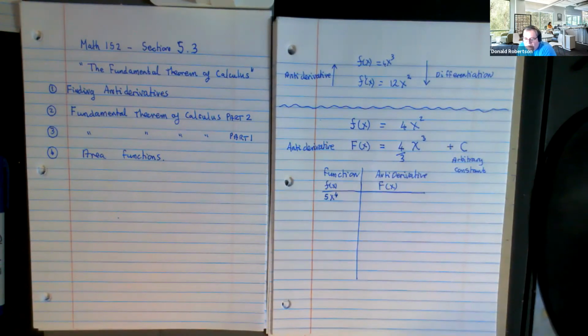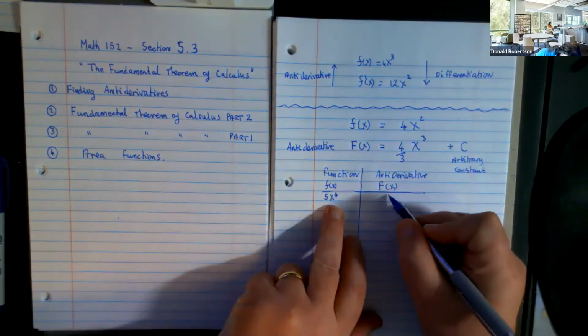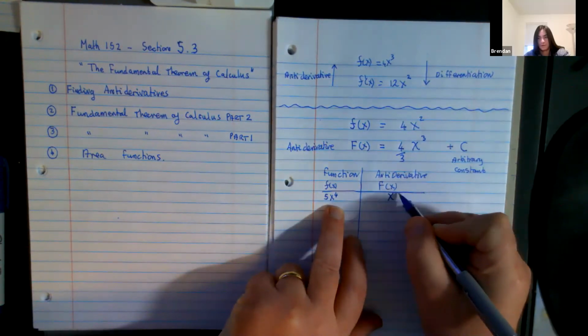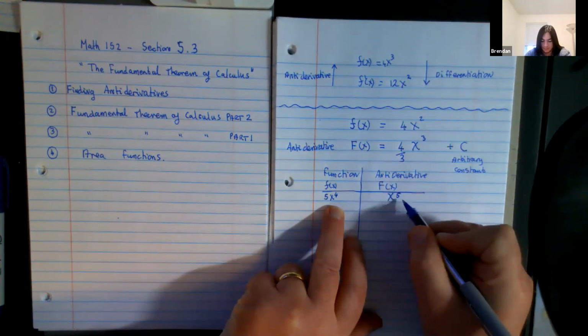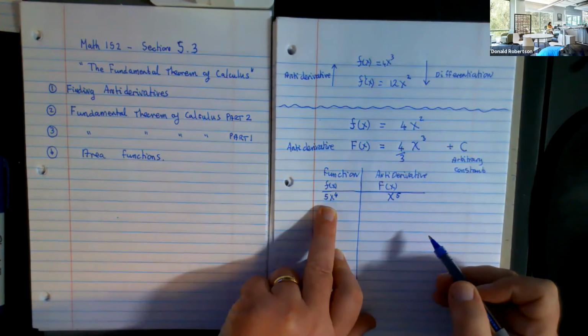What would the antiderivative of 5x to the 4 get me? Let's take it in stages. X to the fifth. And add 1 to the power, yep, and divide by the new power.